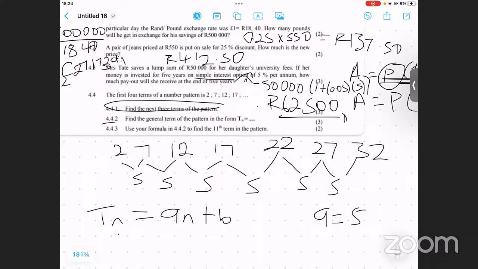I need you to restart. You said we're gonna have A being equal to 5. A is equal to 5, and then n is equal to 1. Okay. And then our Tn will be 2.